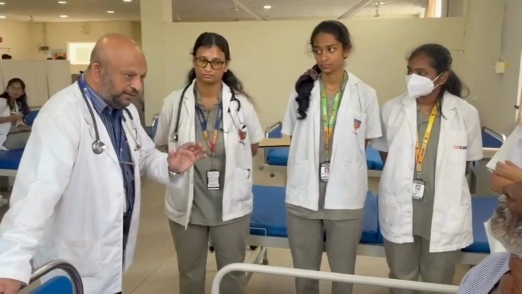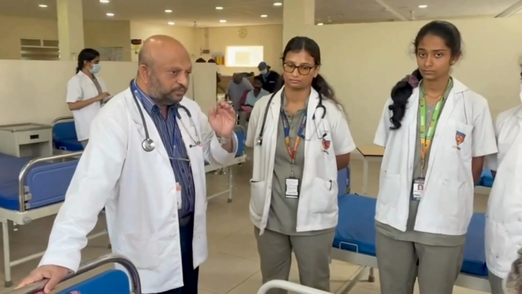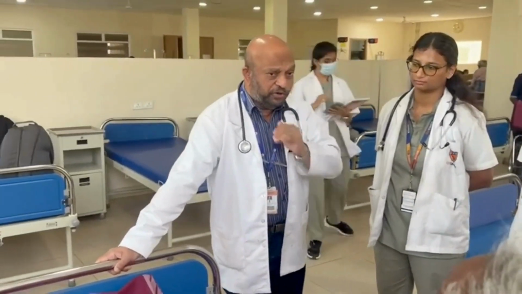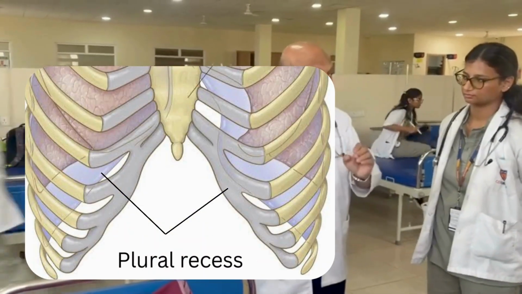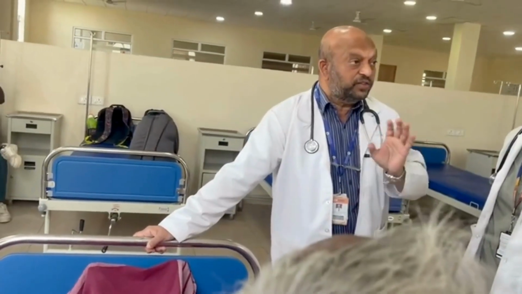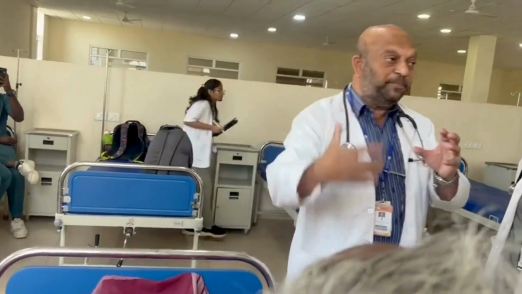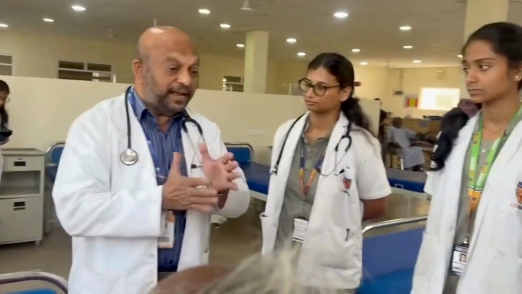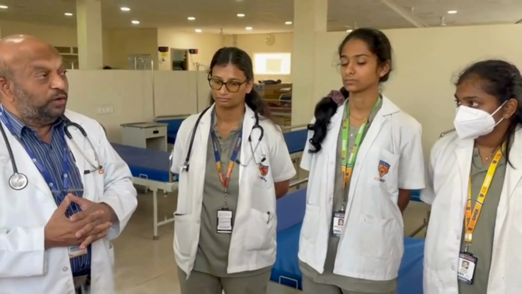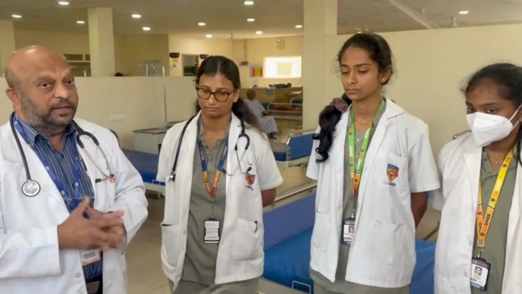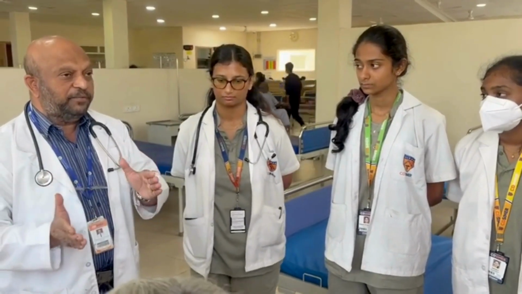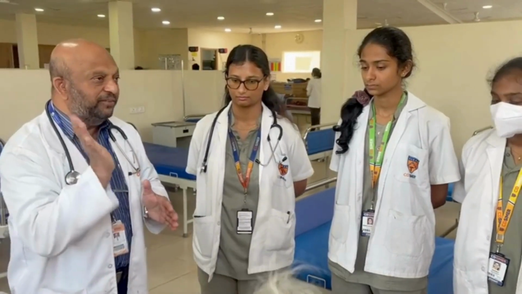That is during breathing. Now, in the image I have shown you the pleural recess. The pleural recess is the one which contains potential space. There is no lung. So when the patient takes a breath, the lung expands and descends into the pleural recess. Usually we talk about the diaphragm by looking at the level of the liver dullness.